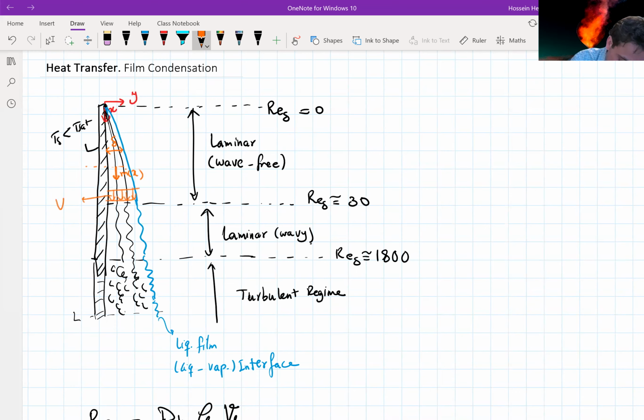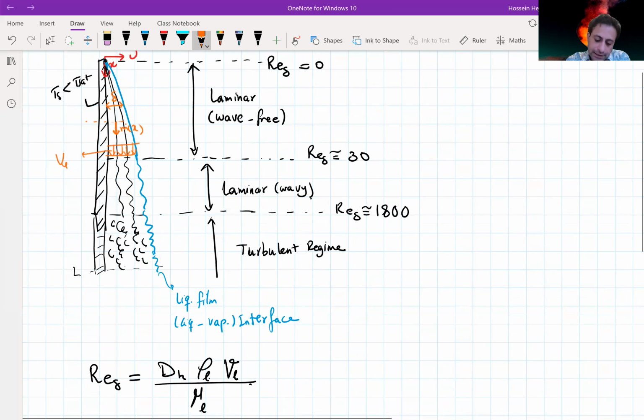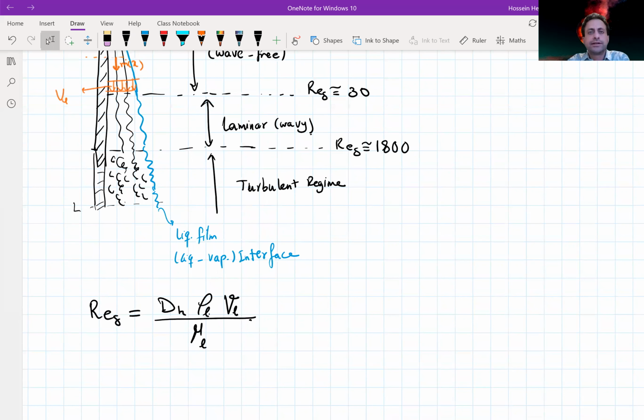let's say this is the average velocity that I'm calling V of L. Then this is the way we are going to define the Reynolds number.